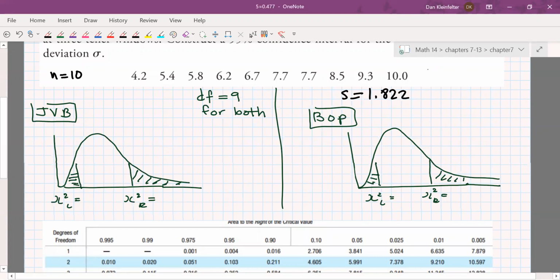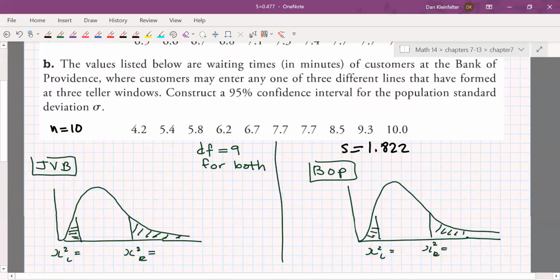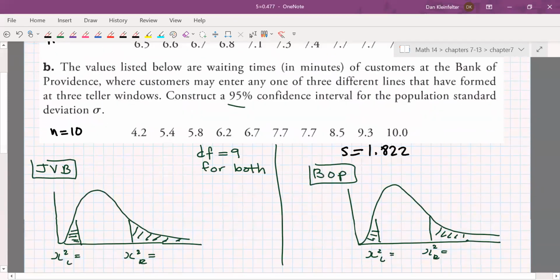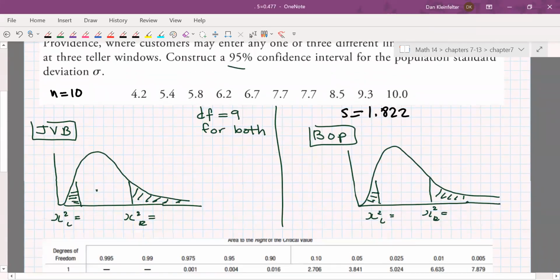All right, so I've gotten us started. For both, we're coming up with a 95% confidence interval. So I've started with the sketches. We've got 0.95 is the area in between. So if 95% is in the middle, that leaves 5% in the two tails, or 2.5% in either tail.